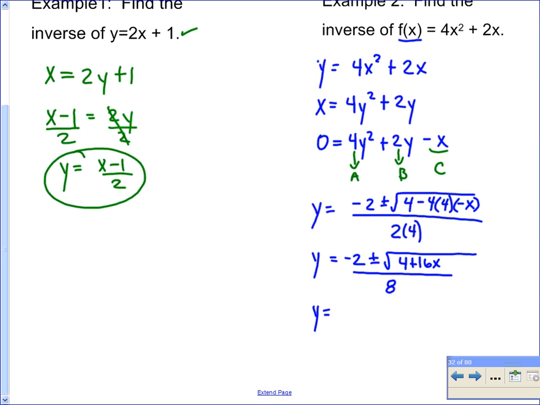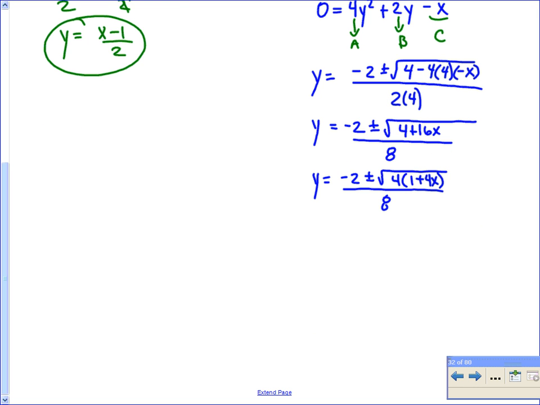And just continue to simplify. And we get negative 2 plus or minus square root. I can factor out a 4, so I'm going to do that. Okay, and now as I factor that 4 out, I notice the square root of 4 is 2, so I can then do this.